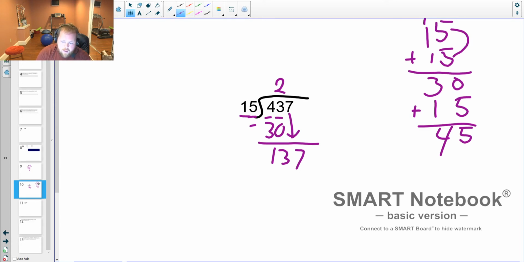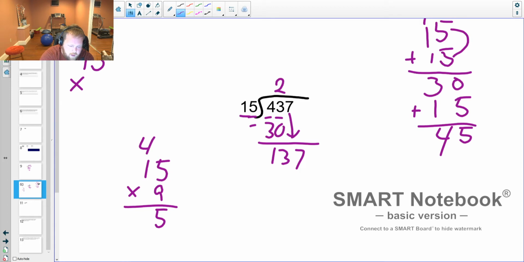137. So the best way that I can think for you is try a higher number, like 10. 15 times 10 is 150. Good. That's a little bit too high. It's not that high. So let's try 9. 15 times 9 equals, looks like a lollipop. 15 times the lollipop. 5 times 9 is 45.